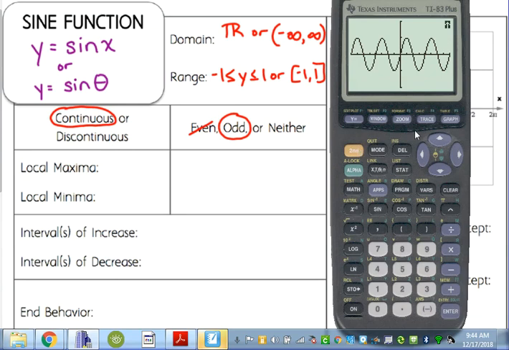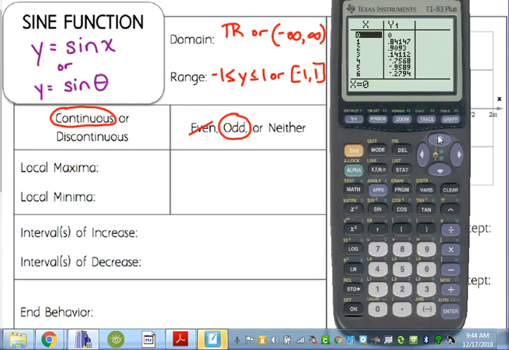We could also look at our table to see whether it's an odd function or not. Odd functions, if you center your table between -3 and +3, notice that, with some rounding going on, these are the exact same y values, except they have opposite signs.